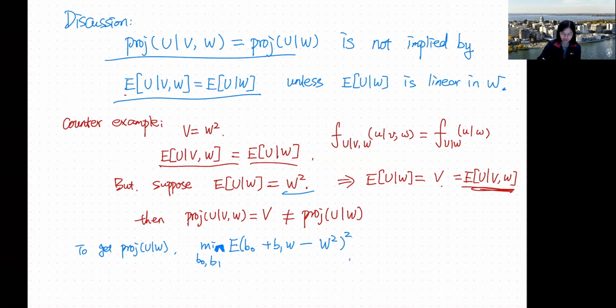When you take the first derivative with respect to these two, you're going to find that B0 plus B1 E[W] minus E[W squared] should be 0, and B0 E[W] plus B1 E[W squared] minus E[W to the power 3] should also be 0.